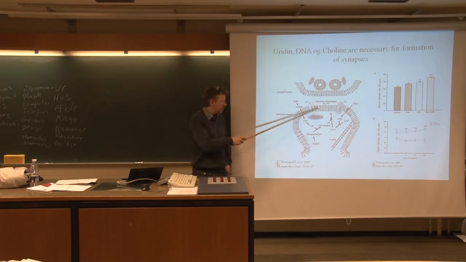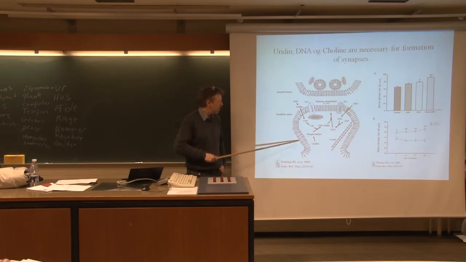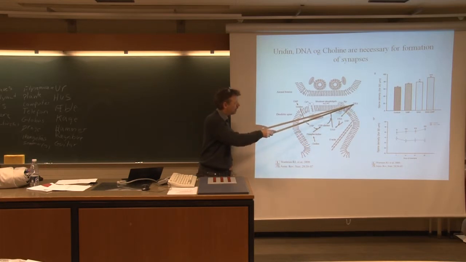You know that it's this bilipid layer built of mainly phospholipids. Now, if you look at the ingredients which go into creating a membrane like this, if you want to establish memory in the sense that you establish a new connection, a spine which is growing out and creating a new synaptic connection here, you need basically uridine, you need choline, and you need DHA.